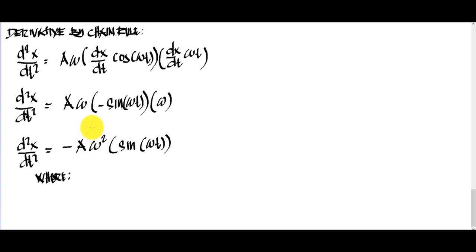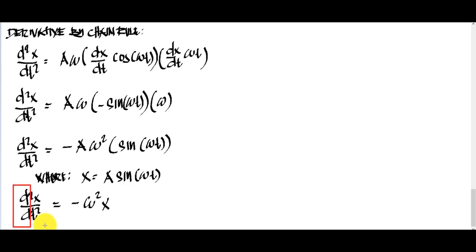So we can rewrite our second derivative function of time by substituting the value of x in this equation: negative angular velocity squared times x. So we have now the acceleration of the mass.